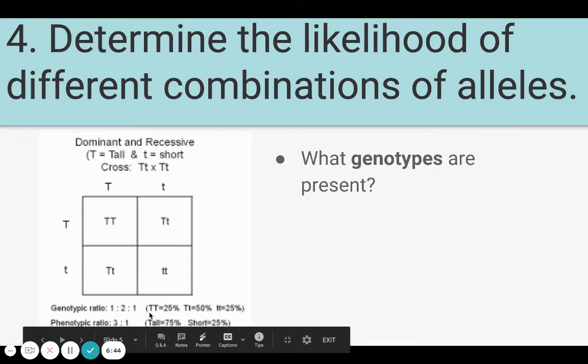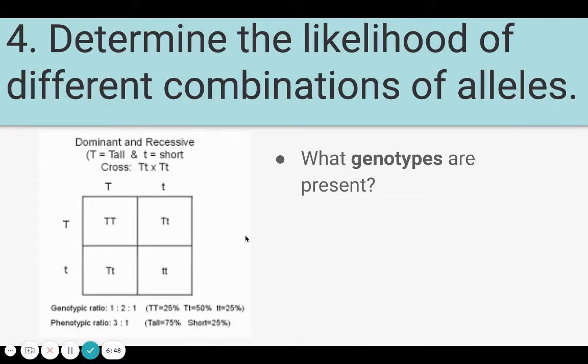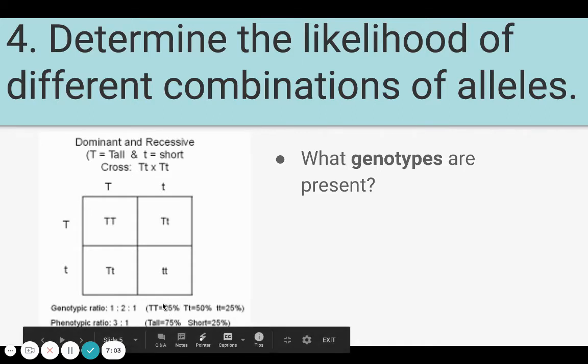All right, so it wants to know how likely it is to get certain combinations. So we have uppercase T, uppercase T. That's one option, okay? So for here, they have 25%, because think of this whole box as 100.